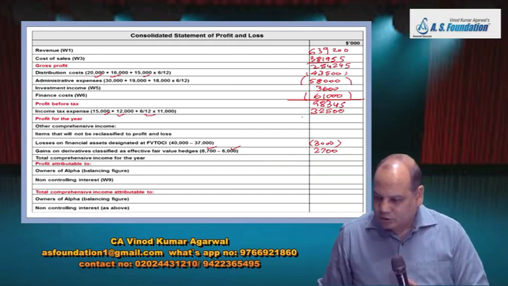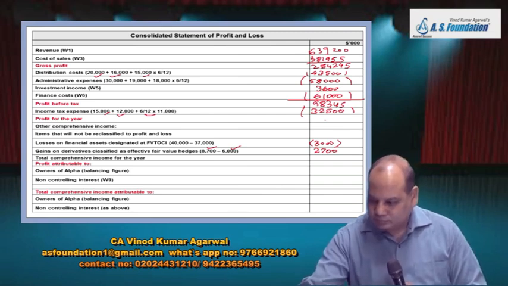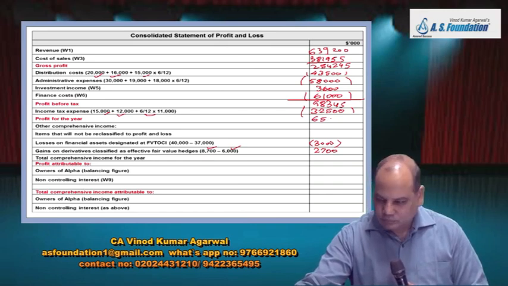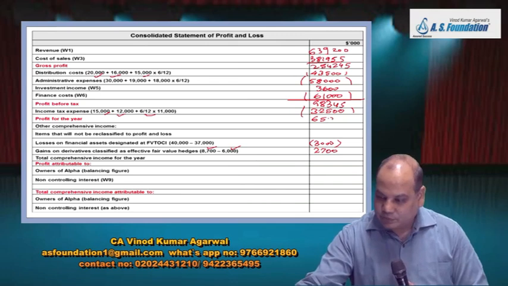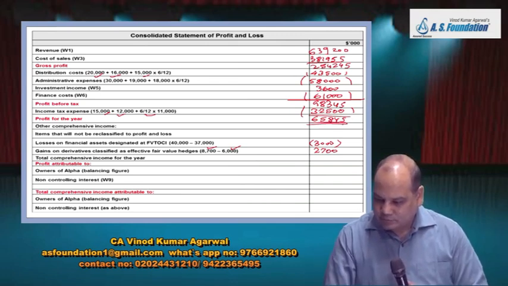98,345. Income tax expense put in bracket. So profit after tax for the year 65,845. So this is my profit after tax.